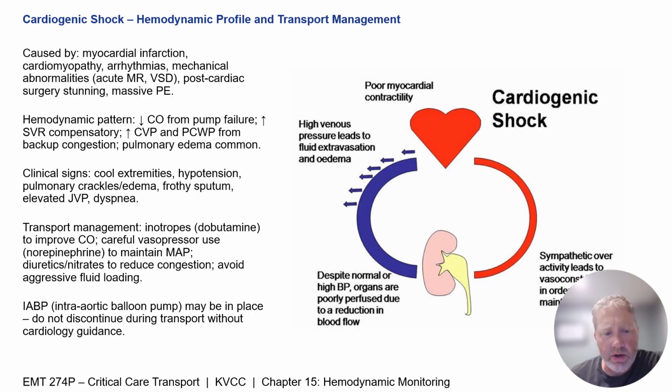An intra aortic balloon pump might be in place. Don't discontinue that during transport unless you have cardiology guidance. We'll get into the balloon pump here in just a second too.